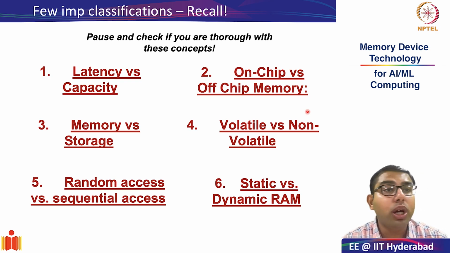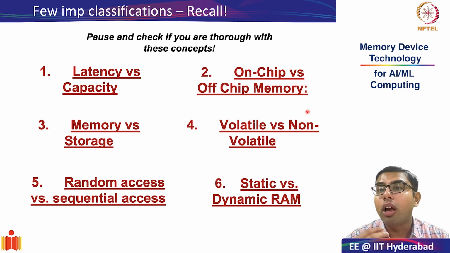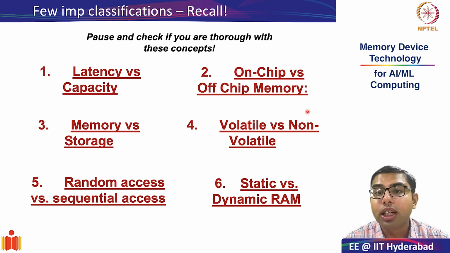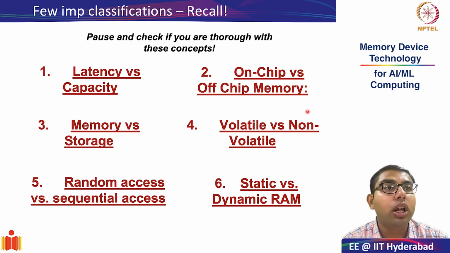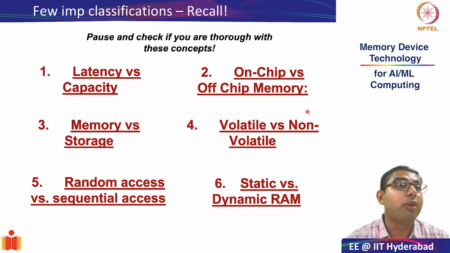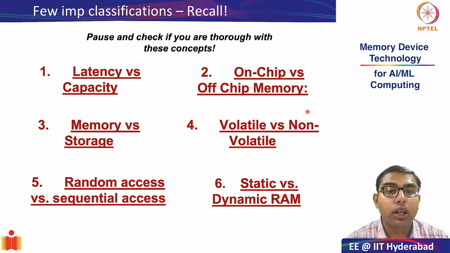All you need to remember is that on-chip and off-chip is with respect to the CPU subsystem. On-chip memory generally consists of caches, versus off-chip, where you use devices which are not really compatible with transistor technology. The importance of on-chip versus off-chip was again the trade-off between latency and capacity.